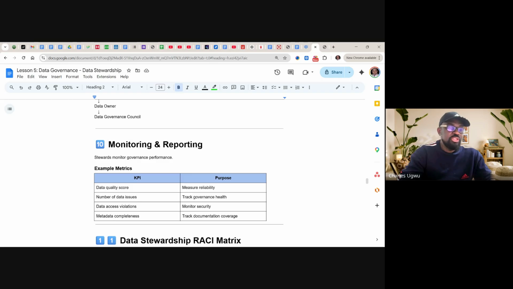Number of issues is what should be reported. In the reporting dashboard, we should be able to see how many issues we have. This helps us track the health of our data set, how healthy the organizational data is looking. At a glance, we should know how healthy it is.